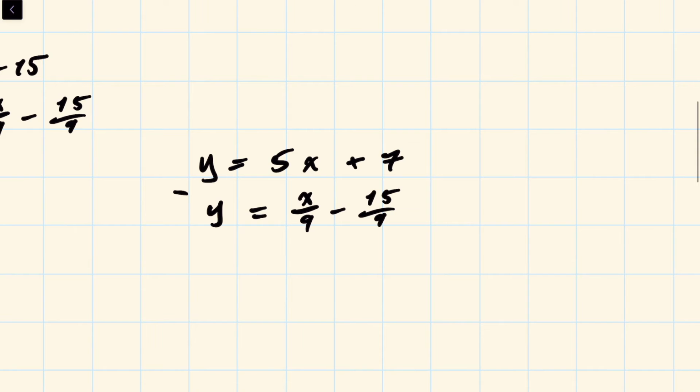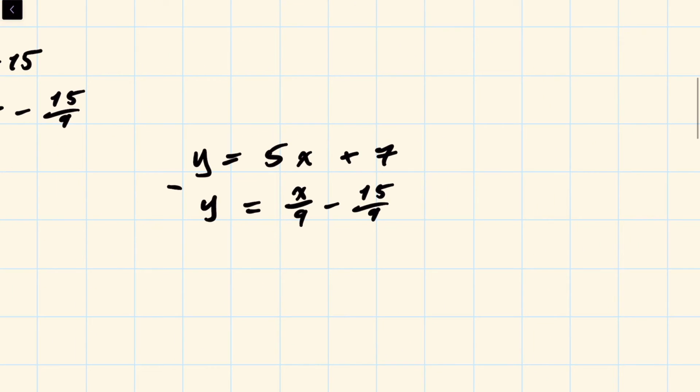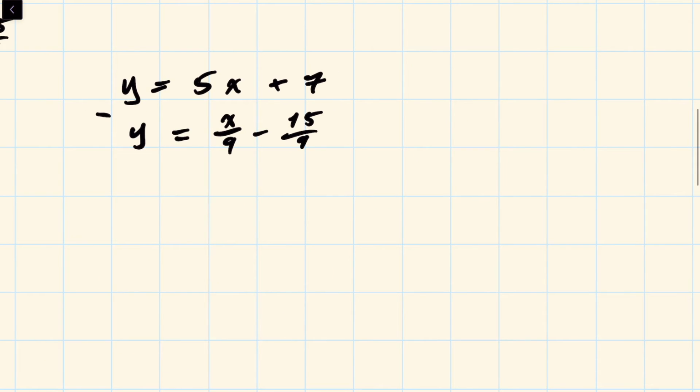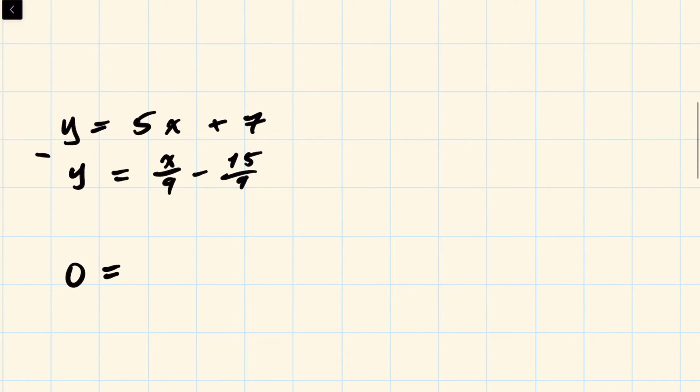So we have this equation minus this equation. How do we subtract two equations? We say y minus y on the left side of the equal sign. That's 0, pretty straightforward. And then here we have 5x and x over 9, so we have 5x minus x over 9.